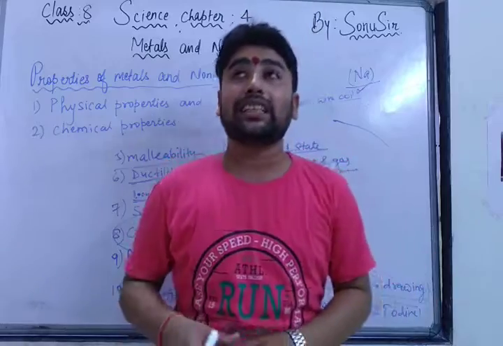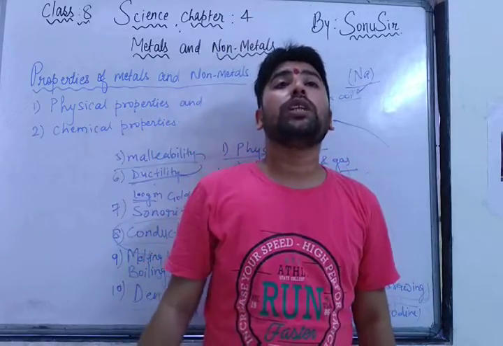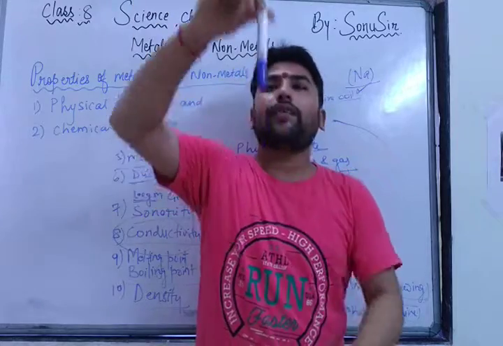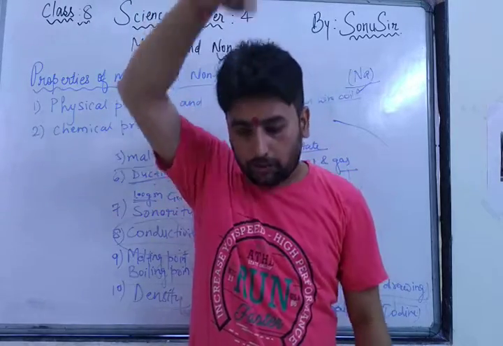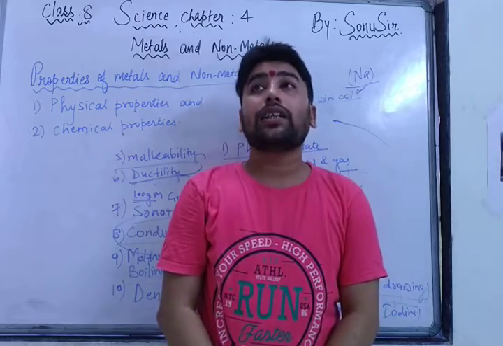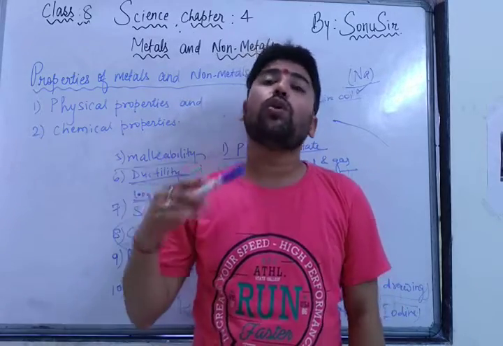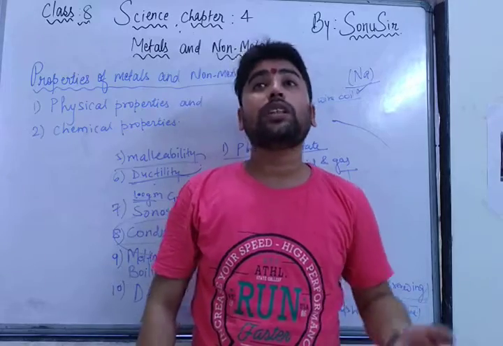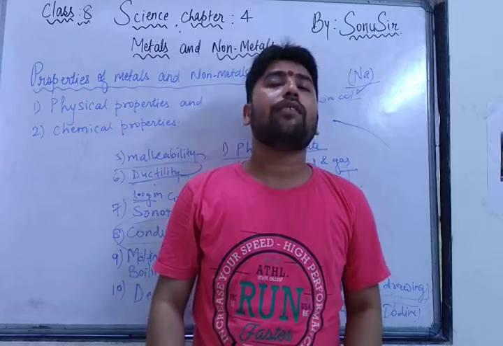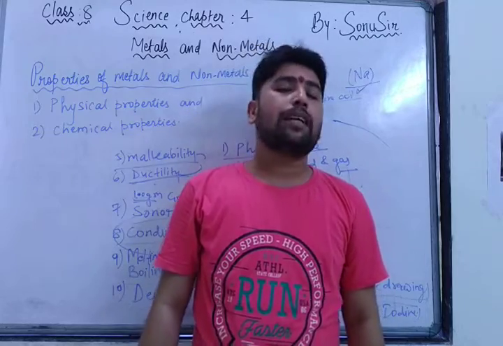Because of high density, metals go inside the water. Suppose this is an iron rod, and if I throw this iron rod into the water, it will go inside. It will not float on the water. But some metals, like sodium, lithium and potassium, float on the water because they have low density. But generally metals have high density compared to non-metals.